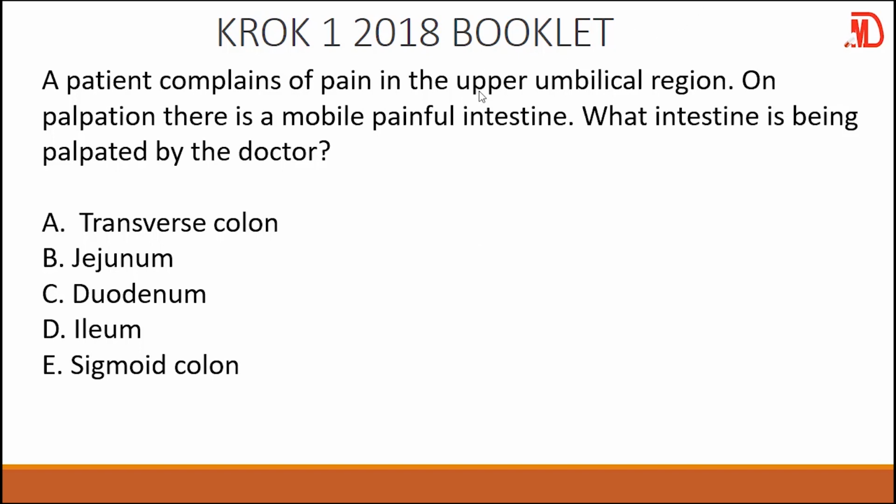So this is the upper umbilical region. What can we find over there? Well, you need to know that there are 9 regions of the abdomen.